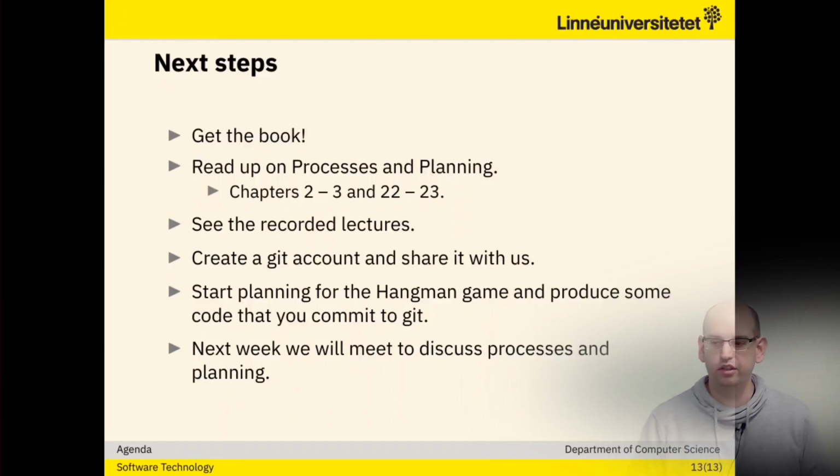See the recorded lectures. There's something called a pause button in YouTube. Use that from time to time if it gets too heavy. Well, do it in chunks. It doesn't matter, but look at the recorded lectures. Set up a Git account and share it with us, and then start planning for Hangman and produce some code that you commit to Git.